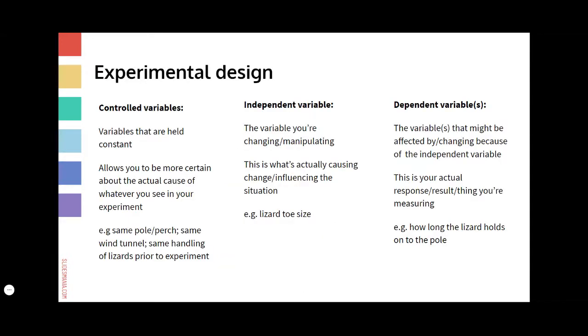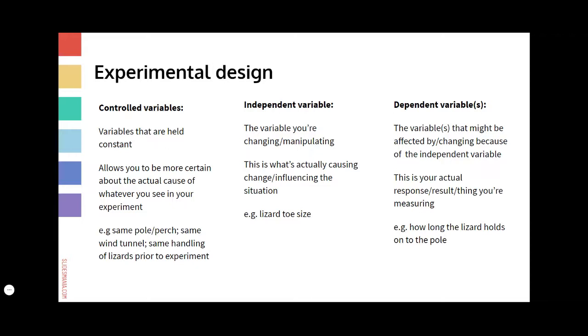So when we're designing an experiment, we are going to be keeping in mind some different kinds of variables that will be involved. And I'm actually going to start in the middle right here with the independent variable. This is the variable that you're changing, adjusting, or manipulating in the experiment. And it's what's actually supposed to be causing the change that you're seeing in the experiment.